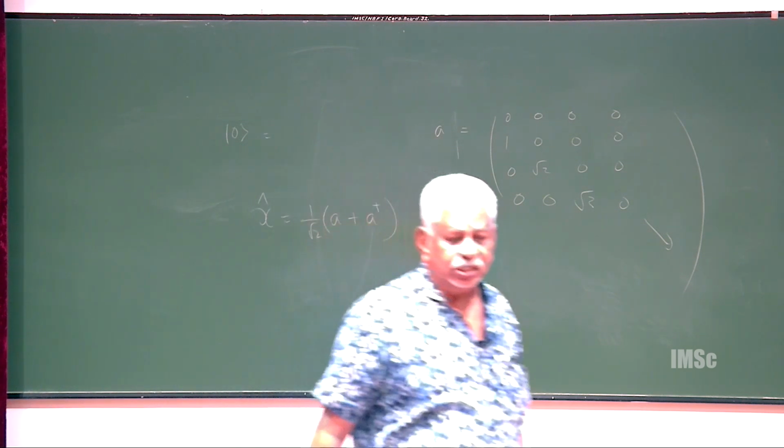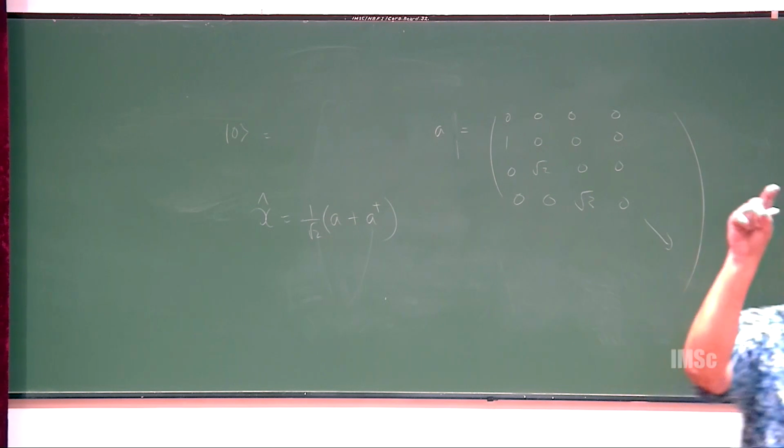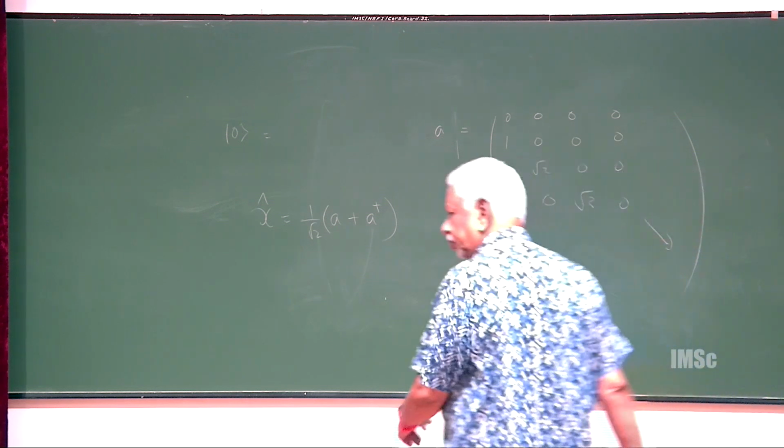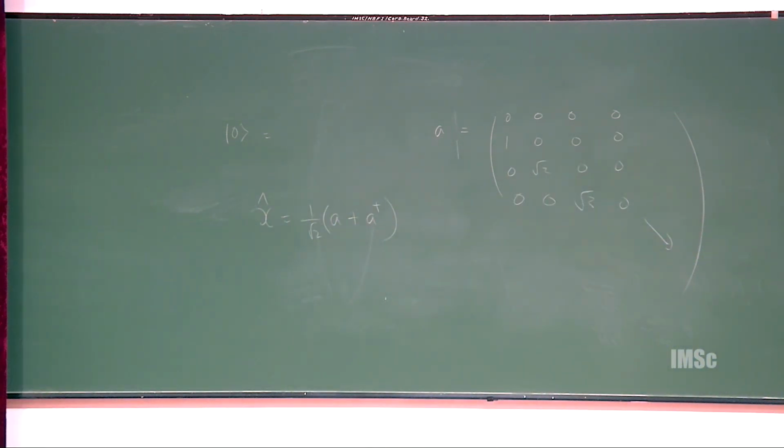I gave you, to start with, eigenstates in terms of e power minus x square, etc. How do I get them from here? I told you in matrix notation, Heisenberg notation; you may want it in terms of Schrodinger representation. To do that, it is very simple.